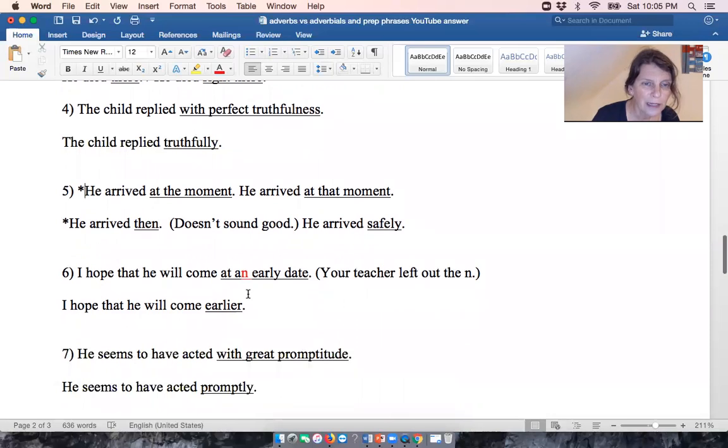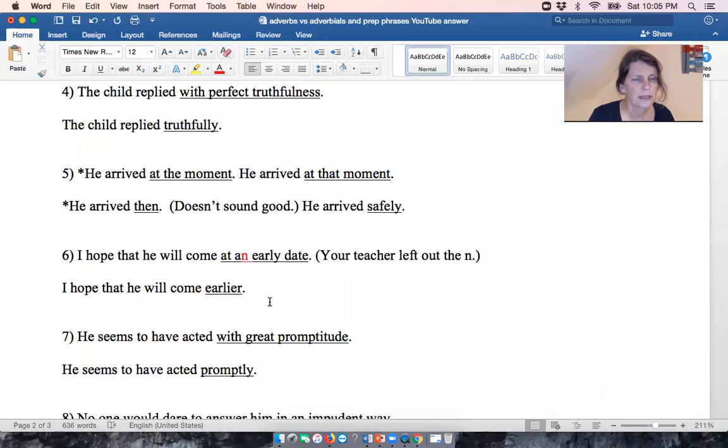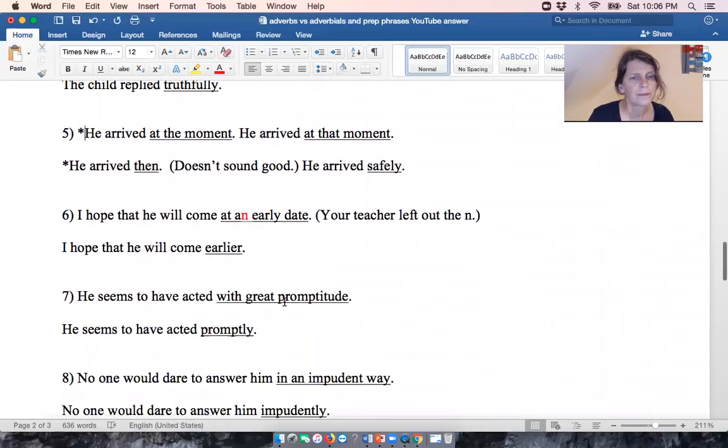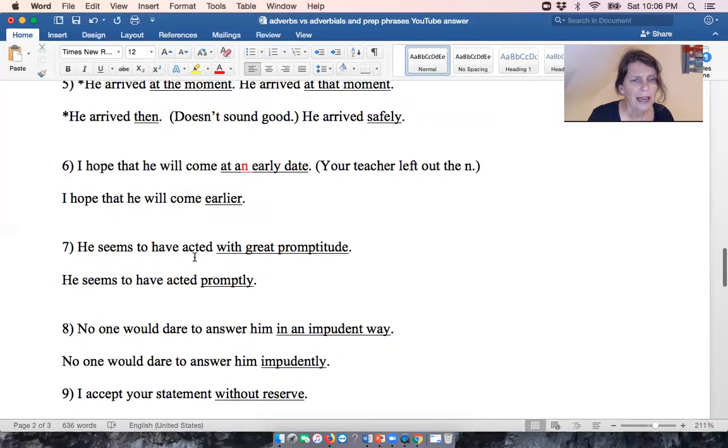I hope that he will come at an earlier date. The teacher left out the n, which we need because the next word starts with a vowel sound. I hope that it will come earlier. He seems to have acted with great promptitude becomes he seems to have acted promptly, which is a much better version than this one.